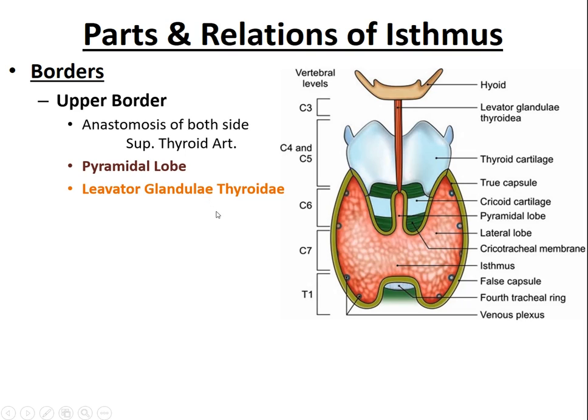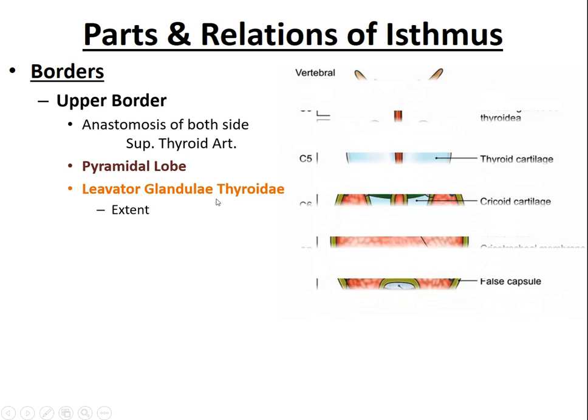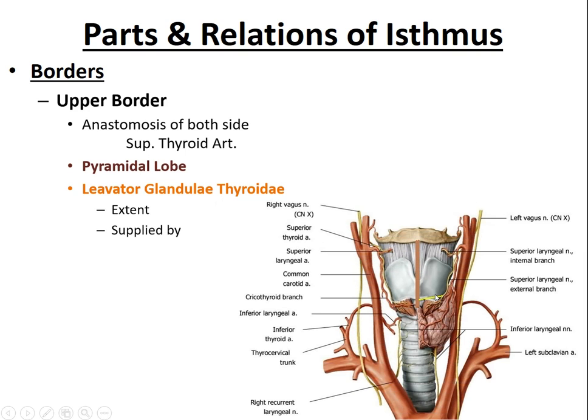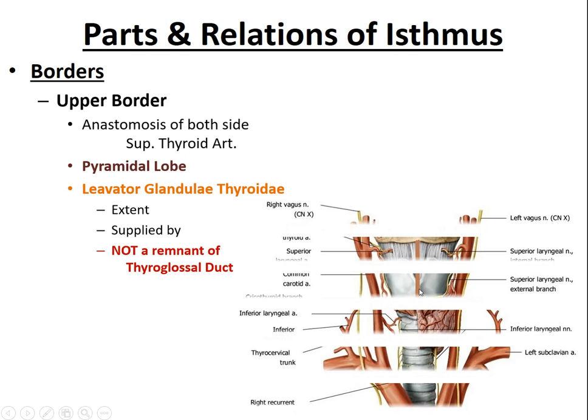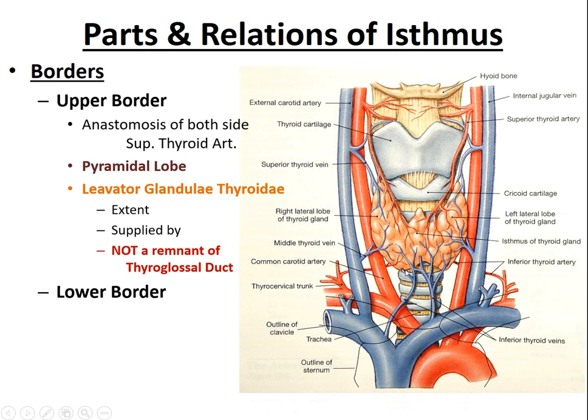And remember, this is not a part of the thyroid gland, but it is muscle-like tissue which helps to elevate the gland, and that is why it is supplied by the external laryngeal nerve. Now at the lower border, you can see veins emerging.